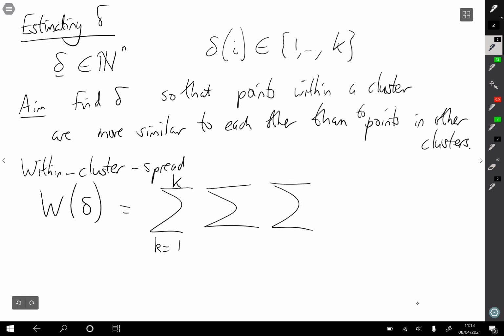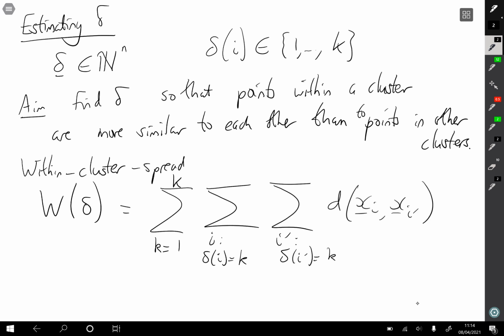So let's have the sum over i such that delta i equals k, and the sum over i prime such that delta i prime equals k. So they're lowercase k's, so let's try and make that clear. And then for each, we could just sum up the distances between xi and xi prime.